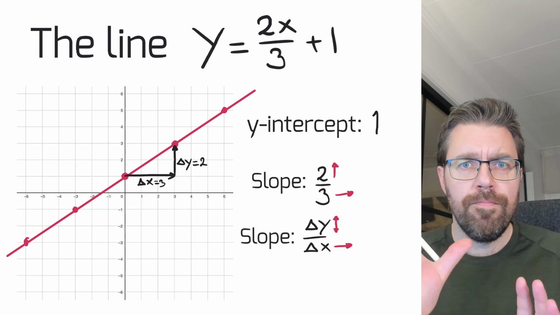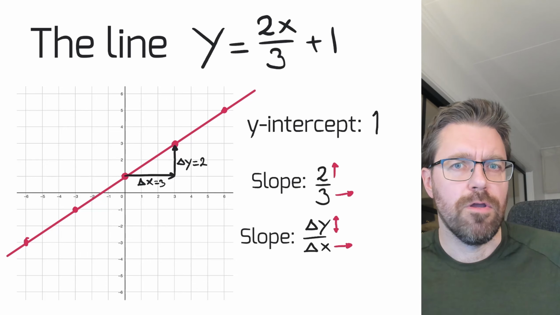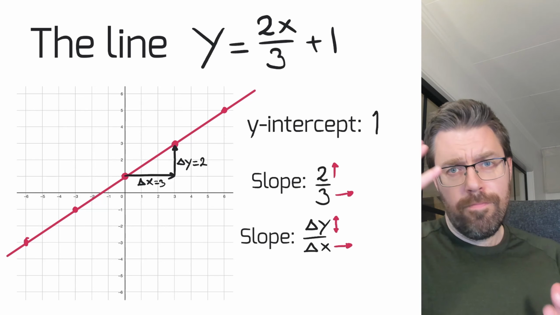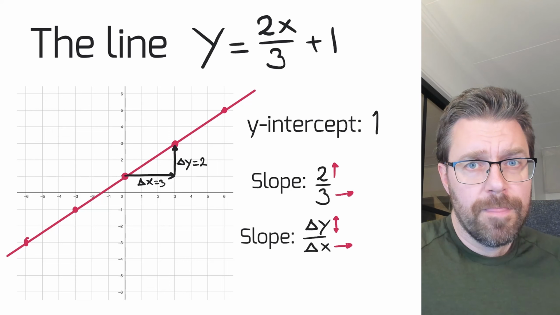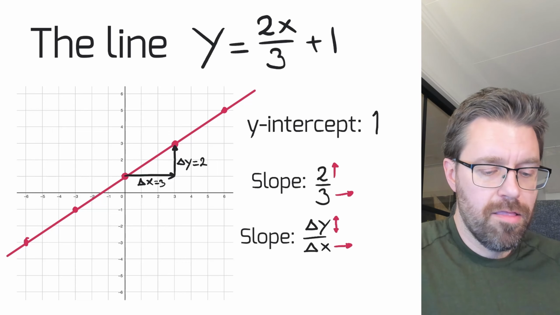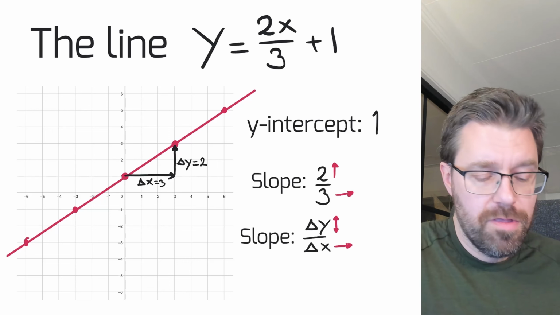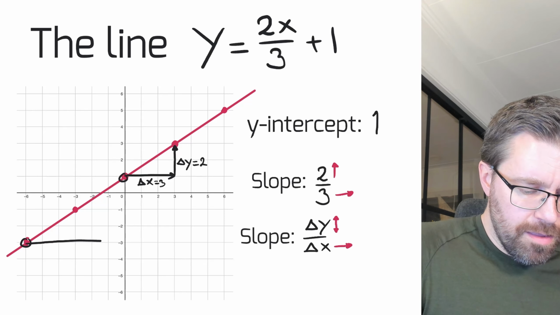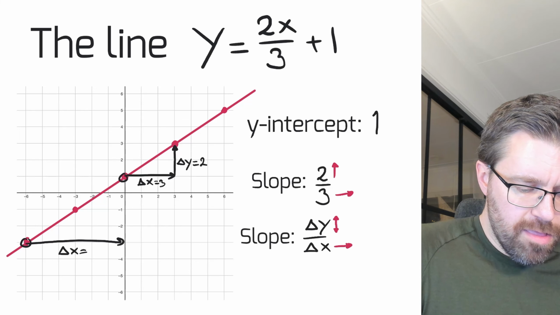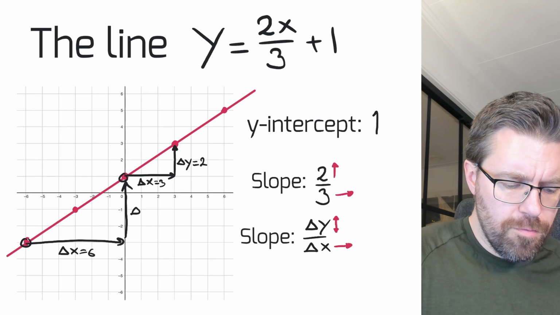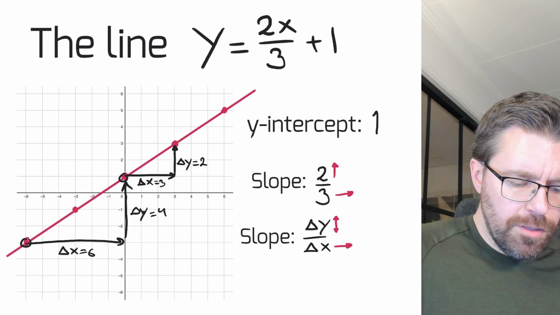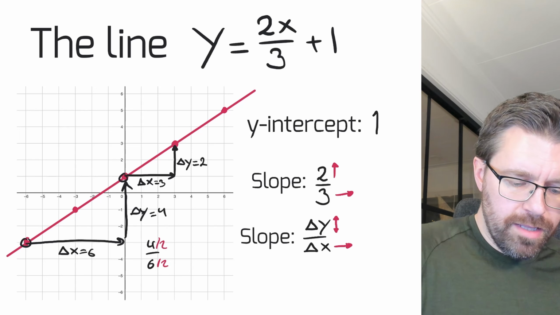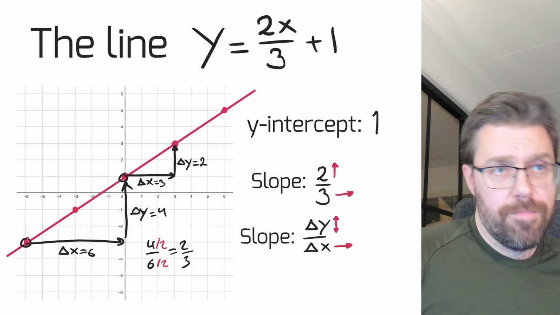When you divide the rise and run, as we often call them, rise is delta y, run is delta x, we get the same answer regardless of which points we are using. So for example, we can take this one, and delta x equals 6, delta y equals 4, and if we divide 4 by 6, it equals 2 over 3. So it's the same thing.